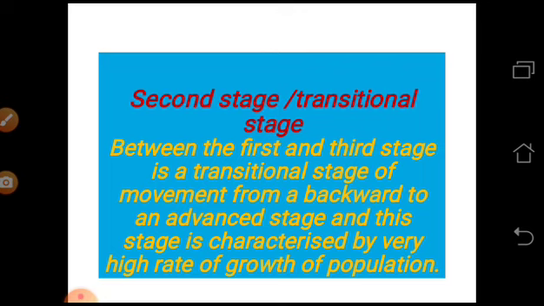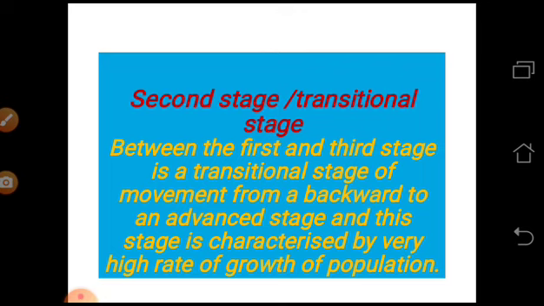But in the middle stage, the transitional stage, it is neither the first stage nor the third stage. That means it is not developed or underdeveloped, it is developing. So what happened in this transitional phase? As the theory name itself suggests, the theory of demographic transition, this stage is very important.